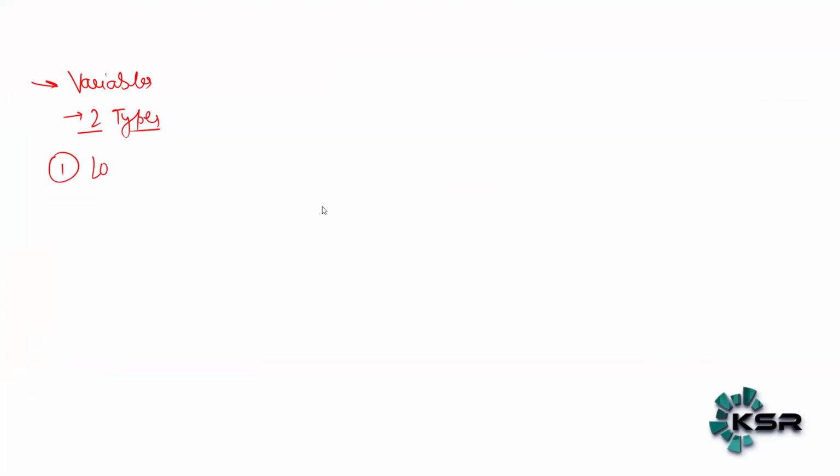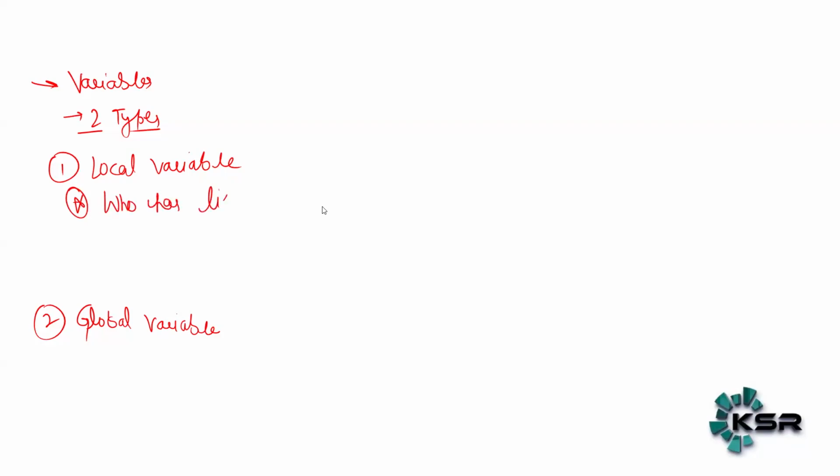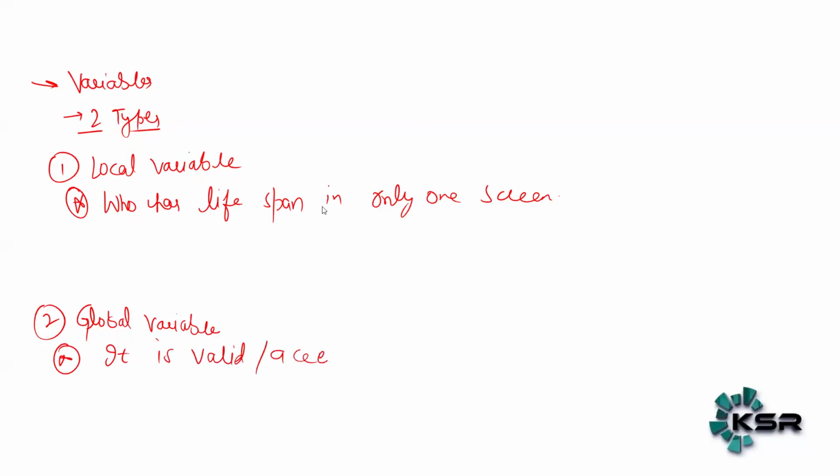Basically, in a Canvas app, variables are of two types. One is local variable, the second one is global variable. Now, what are local variables? Local variables are those which have a life span of only one screen. Global variables are valid or accessible in all screens in a Canvas app.